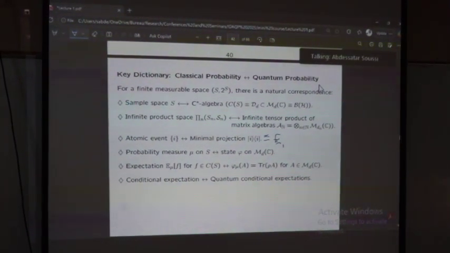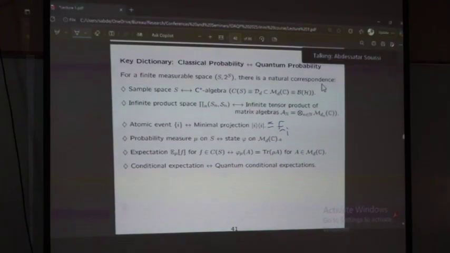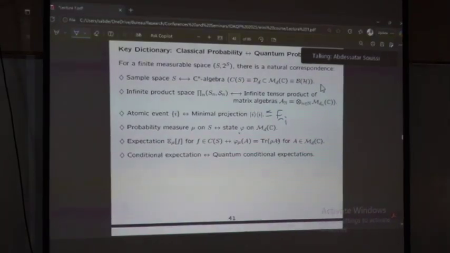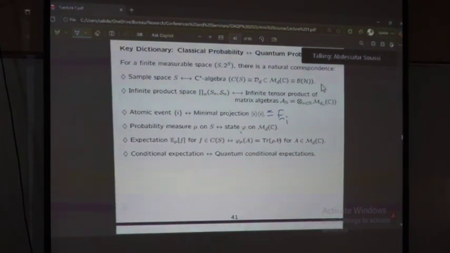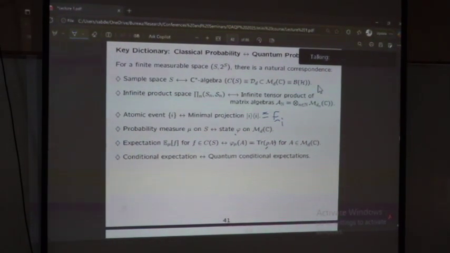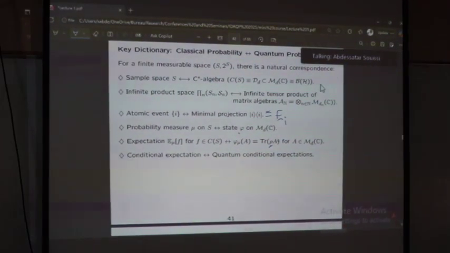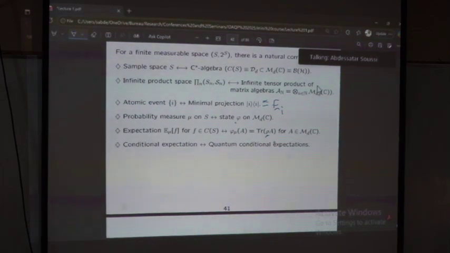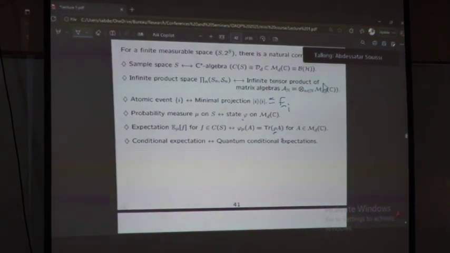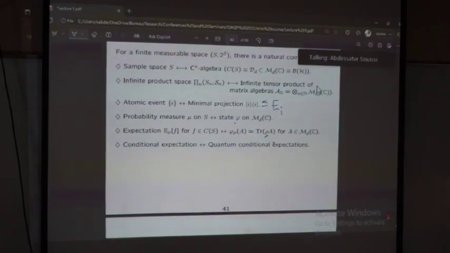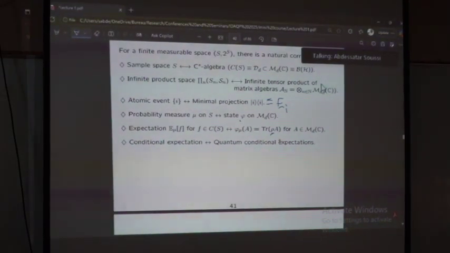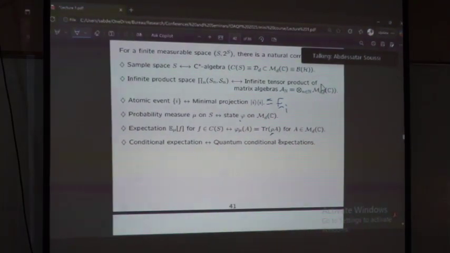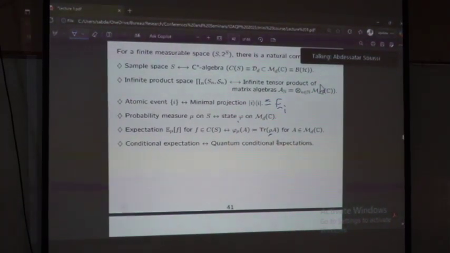And the measure is replaced by the state or generalized state. The expectation value is the trace: phi mu of A is the trace of rho mu times A. Then we need the conditional expectation for further extension of the notion of Markov chain. It turns out that the conditional expectation can be generalized into a quantum conditional expectation, since they are defined as projections on linear spaces.